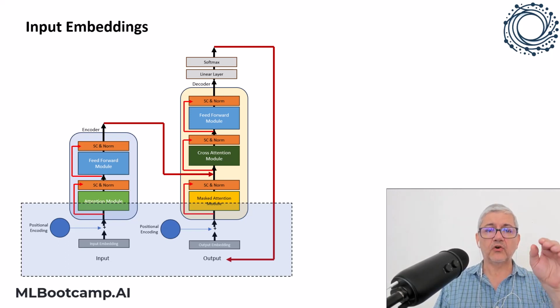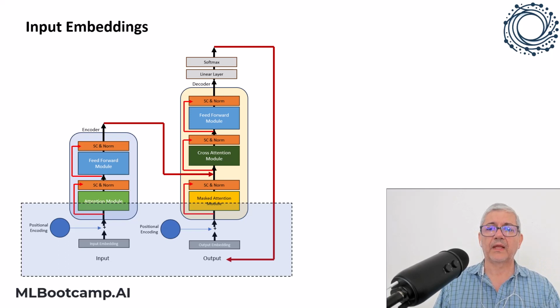We go through the encoder and we pass it to the decoder. And again, in the decoder, we also have the input of the decoder. We put it as an embedding and we add the positional embedding. All this information will go all the way through the decoder and come down to the output of the decoder, and that's a cycle that will finish when the model completes the text that it will be generating.